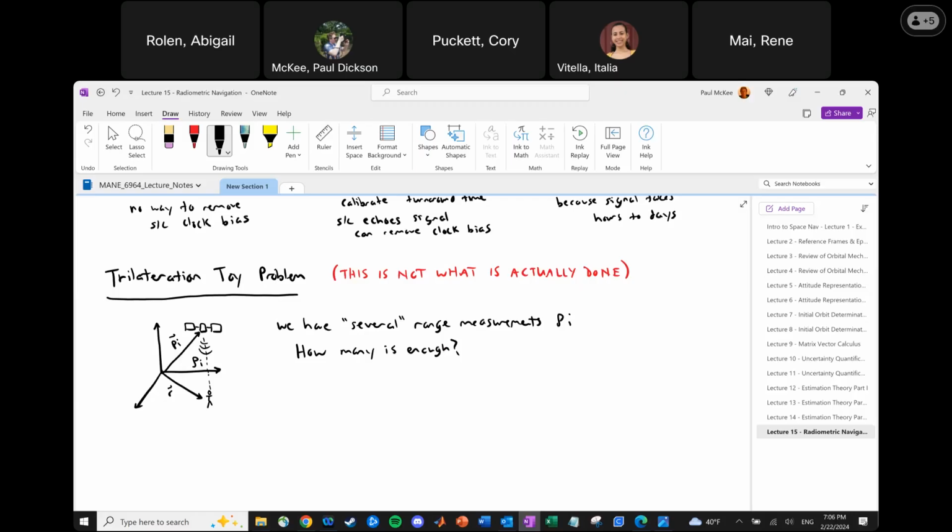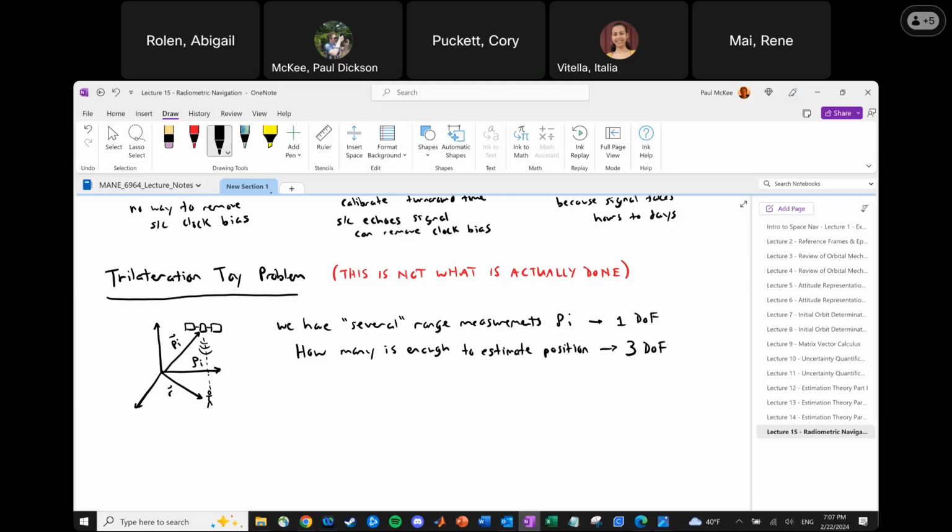So we can think about it this way. A range measurement is 1 degree of freedom. I'm going to rewrite this question as how many is enough to estimate position? Well, your position in general is 3 degrees of freedom, is it not?